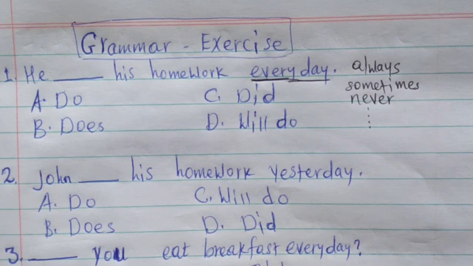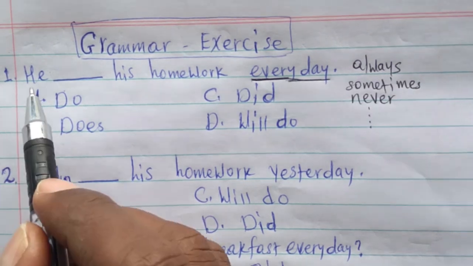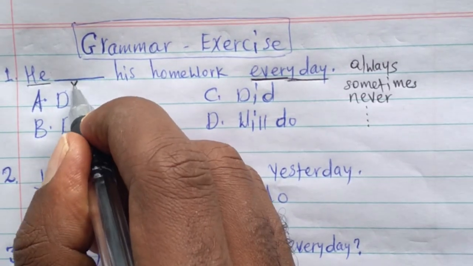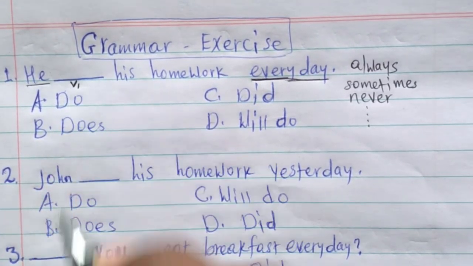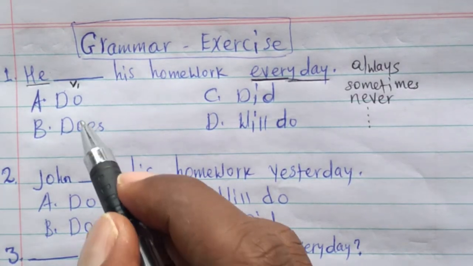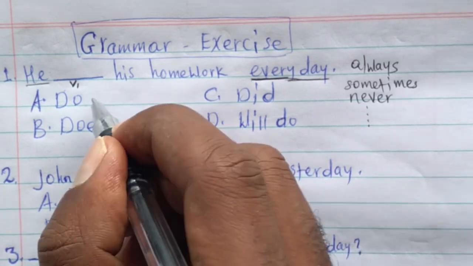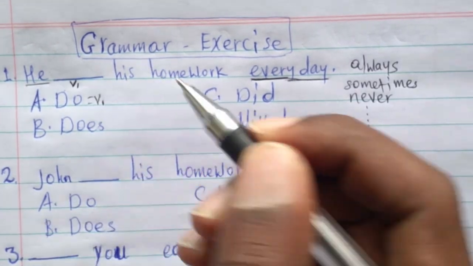So simply, the simple present tense has the structure subject plus verb 1. So in the blank space what is needed is verb 1. When you come to see here, it says do, and do is verb 1.